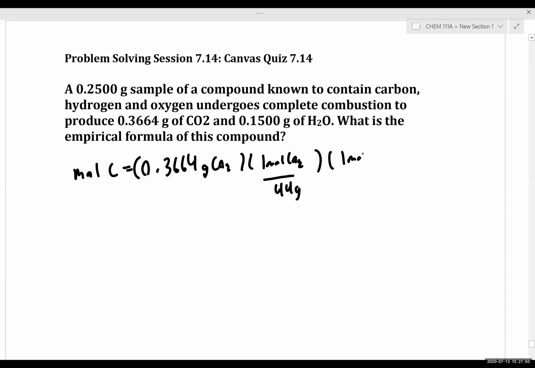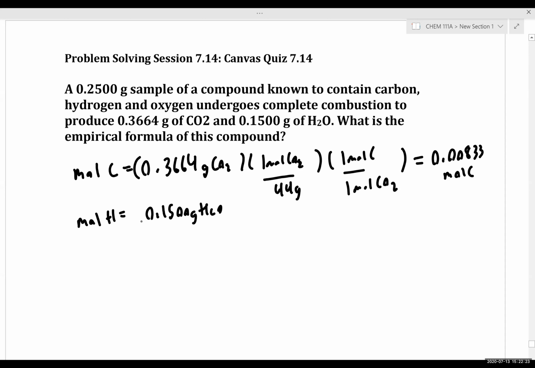And we know that we have 1 mole of carbon for every 1 mole of carbon dioxide. Okay, so punching that into our calculator, that in turn gives us 0.00833 moles of carbon.